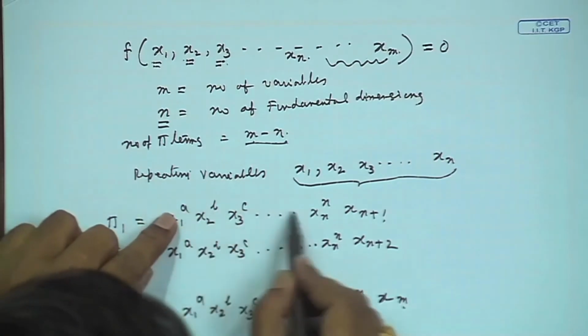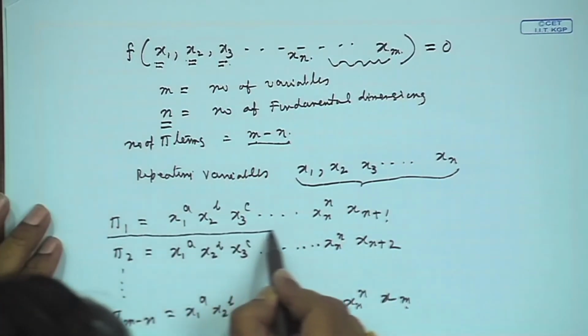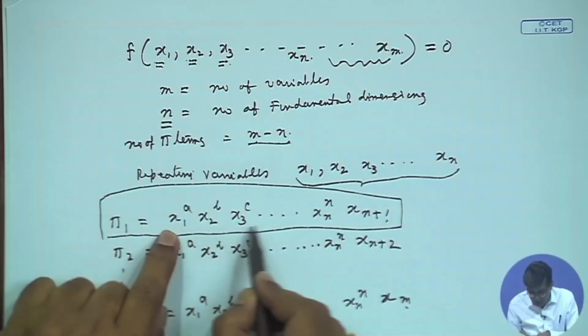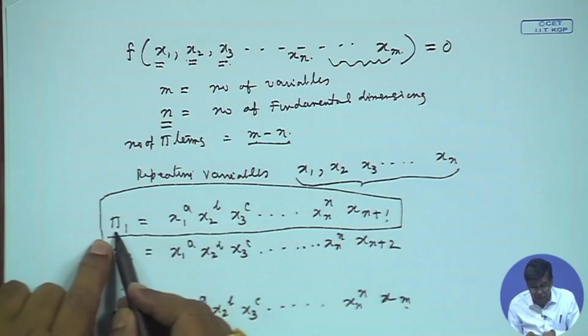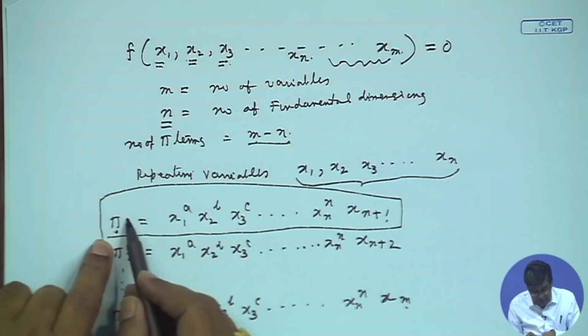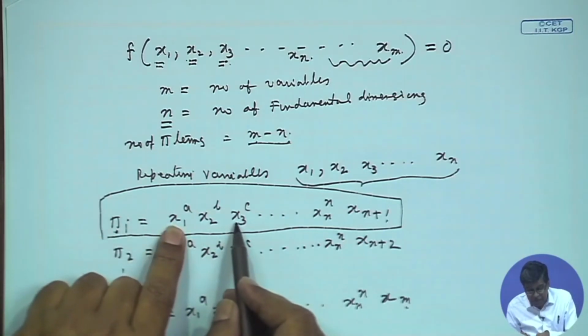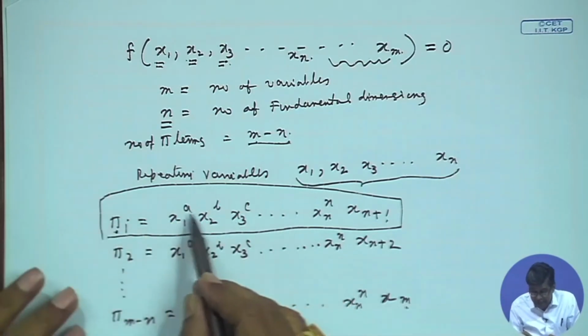Now, all a to n sets are different for different pi terms. What we do now, for each pi term, we replace the dimensional formula of each variable, and indices are there. This is a non-dimensional quantity. That means indices of all fundamental dimensions will be 0. So, if we equate each of the n fundamental dimension indices to 0, we get n number of equations, and there are n unknowns.